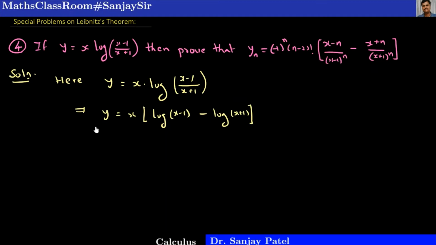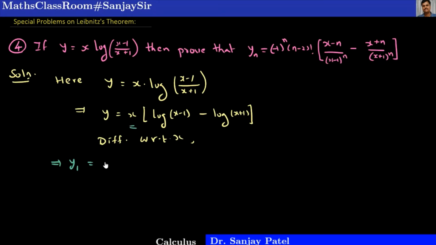Now, before we find the nth derivative, let us still further simplify this. First I will find the first derivative of this function. Differentiate with respect to x. The first derivative, y1, is equal to, there are two functions here, one is x, the other is this bracket.